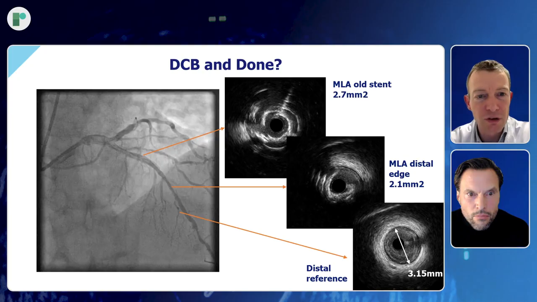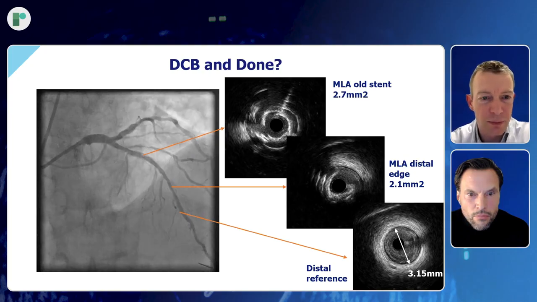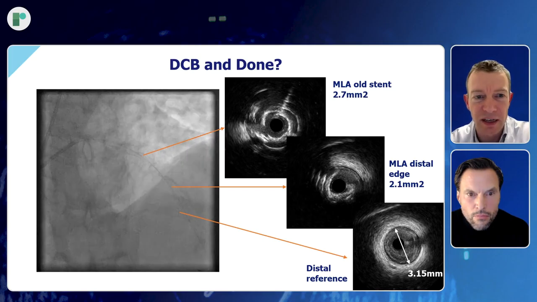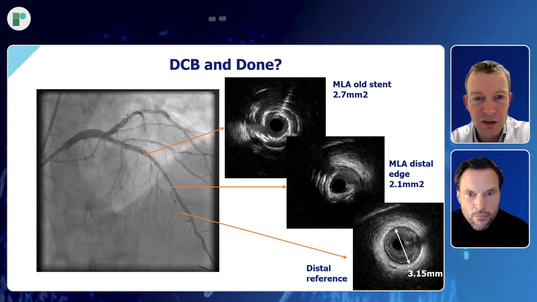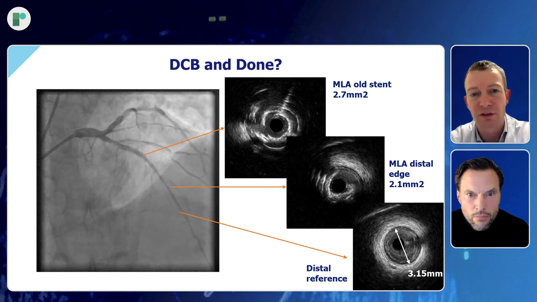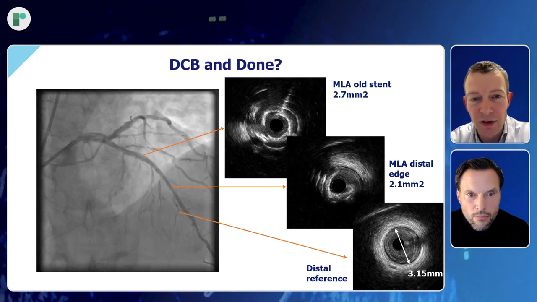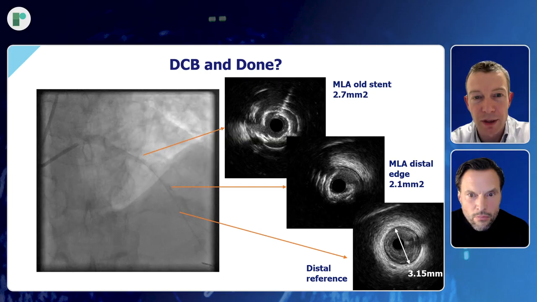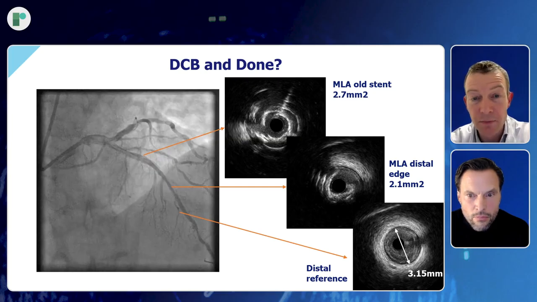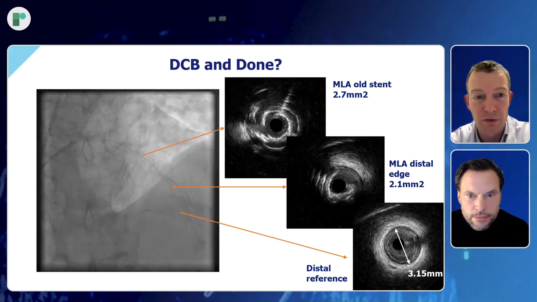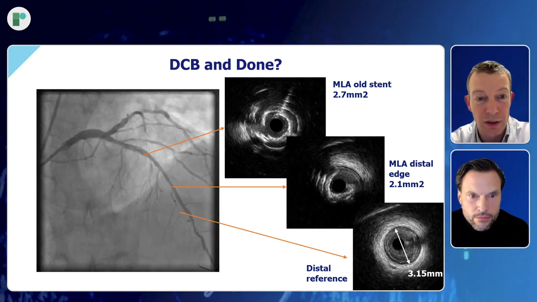I'm just going to show you a couple of cross sections that we found. What you see here is the old stent actually nicely expanded. You see the stent struts shattering across 3 millimeters distal to the catheter. But then you see in the middle very heavy calcium, now obviously fractured by the rotablator and the Trio balloon, but still the minimal lumen area is 2.1 in this mid-LAD of this still 74-year-old female in proper condition.